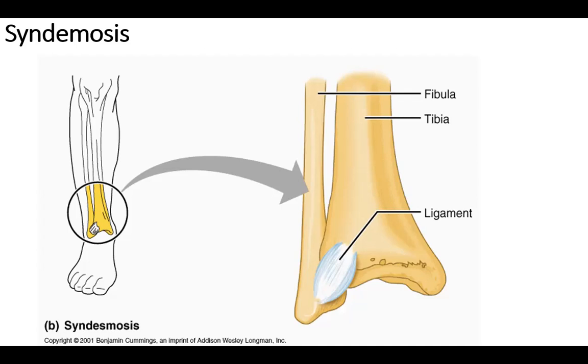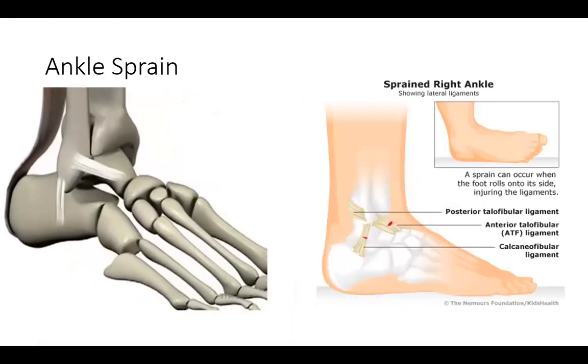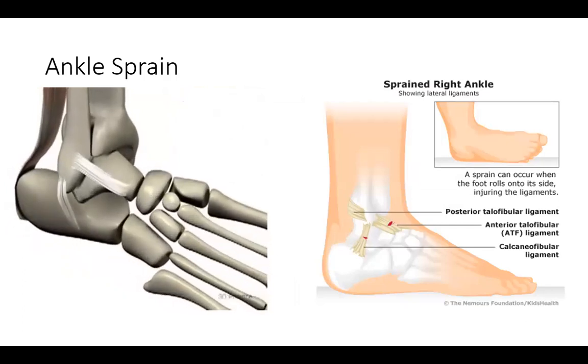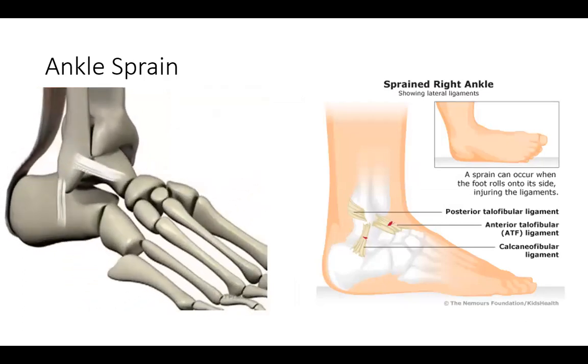It is the weak part of our ankle. It's the lateral side of our ankle, the part that if you put your hand down, you can touch the outside, the ankle on the lateral surface of your foot, and you're touching the lateral malleolus, the end of the fibula, and it is a pretty weak structure because typically if we're going to hurt our ankle, we're going to roll our ankle to the outside and we're going to sprain those ligaments. This is a syndesmosis. Ankle sprains involve stretching or even tearing those ligaments.